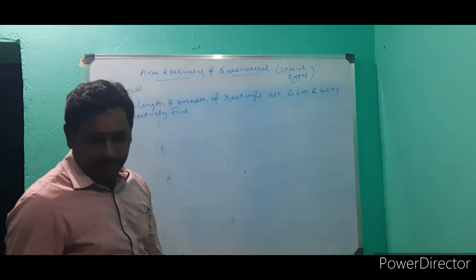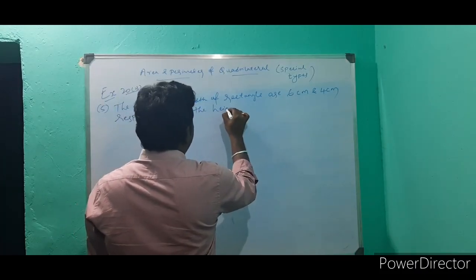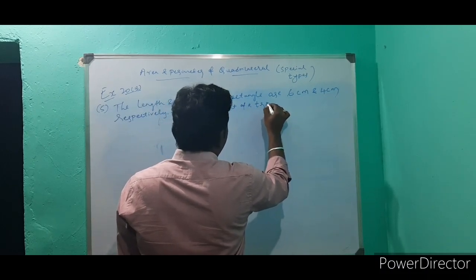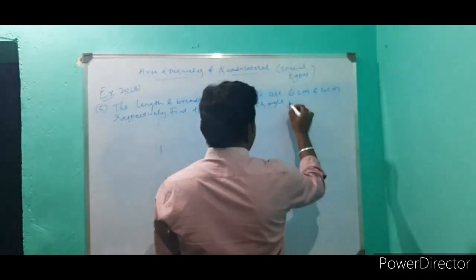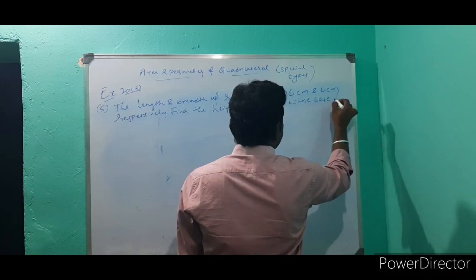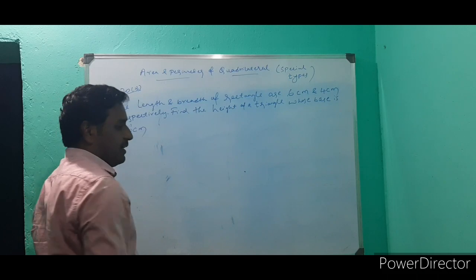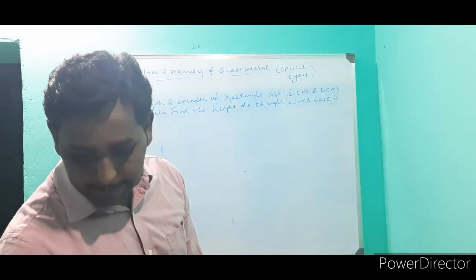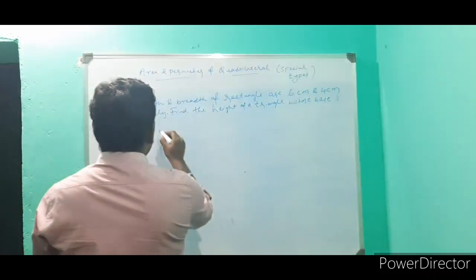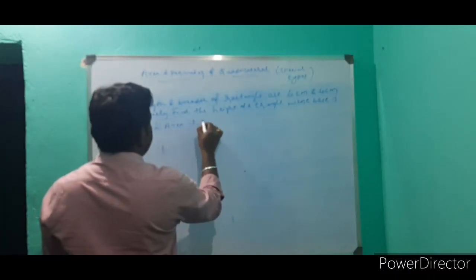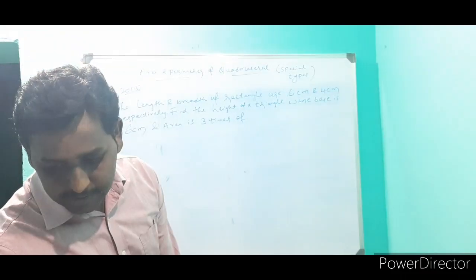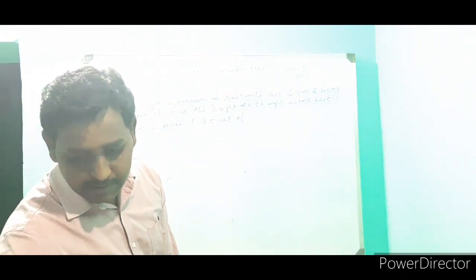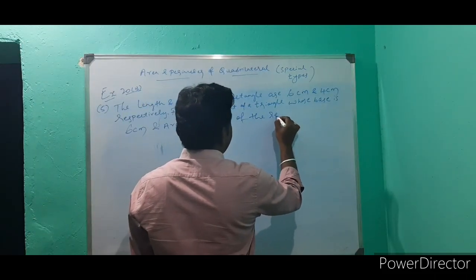Find the height of a triangle whose base is 6 centimeter, and the area is 3 times of the area of the rectangle.